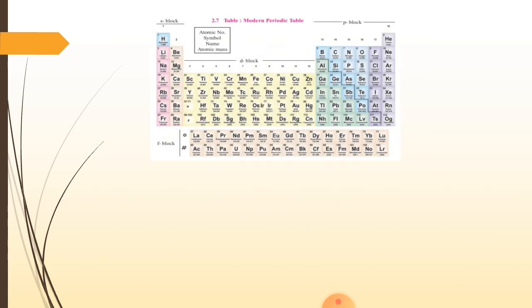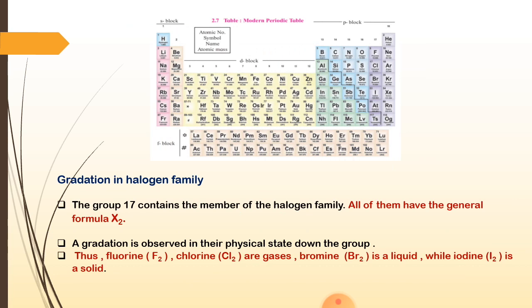Then we have learnt about gradation in the halogen family. There is some similarity in group 17 elements, which are called halogens. The group 17 contains members of the halogen family and all of them have the general formula X2. A gradation is observed in their physical state, which means liquid, solid or gaseous state.